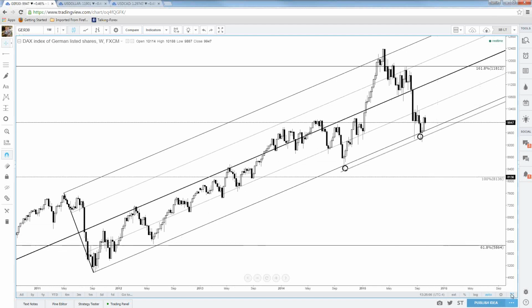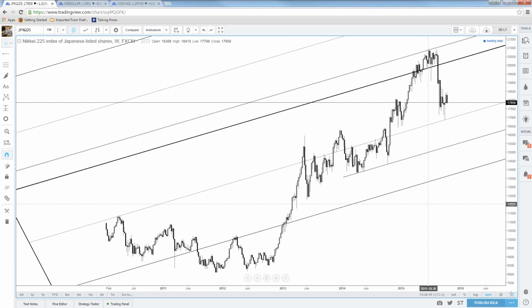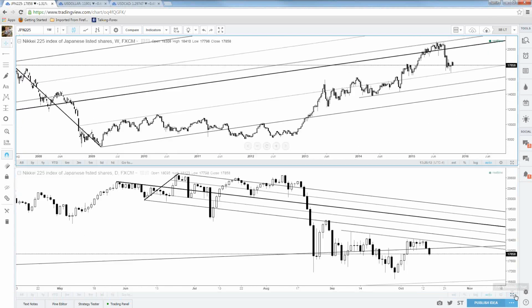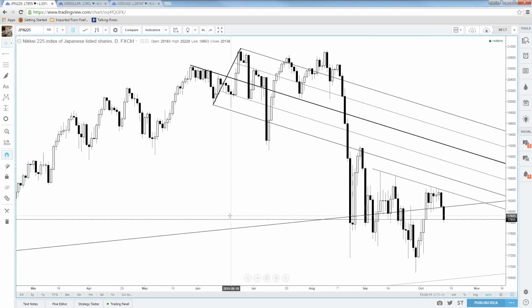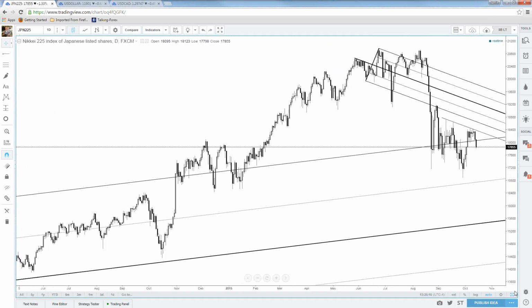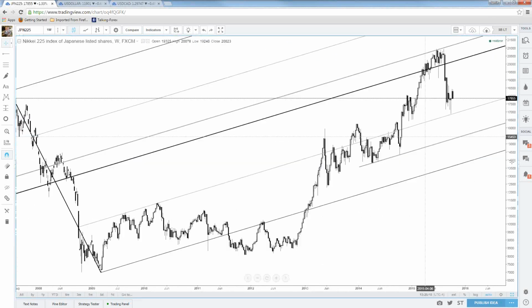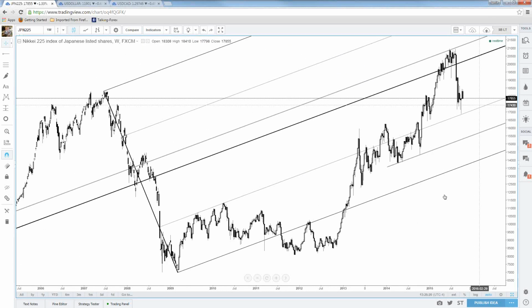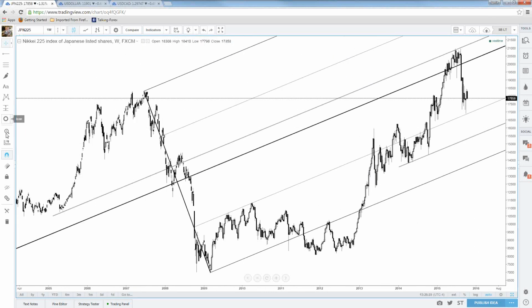And then of course the Nikkei. Here's the Nikkei, longer term basis here. It did come into some support.